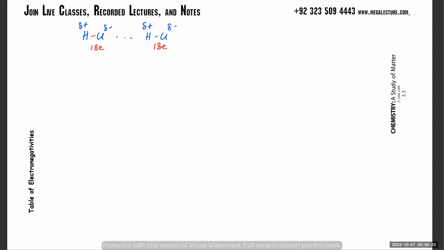So in addition to permanent dipoles, it's also going to have temporary dipoles. Maybe for some random instance, these 18 electrons slightly shift to one side. Maybe a collision happens and the electrons get knocked to one side. If they get knocked to the left side over here, then there's going to be a negative charge on this hydrogen and a positive charge on this Cl. Those are known as fluctuating dipoles.